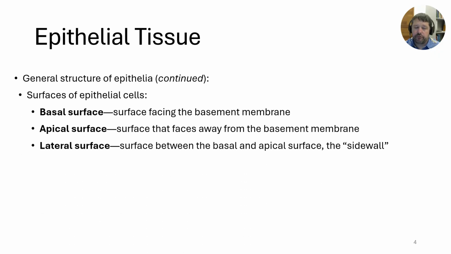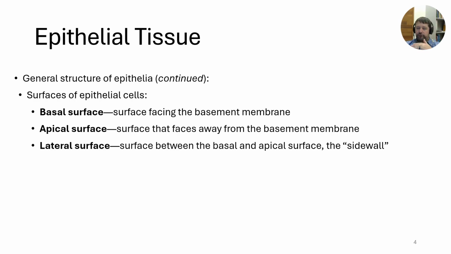All right, so that basal surface, again, is the surface facing the basement membrane. There's a line of cells that have a specific function, which we call the basal surface. The apical surface is the line of cells facing away from the basement membrane on that outer surface.